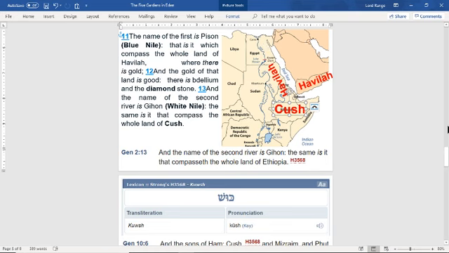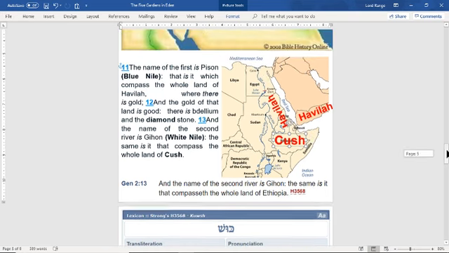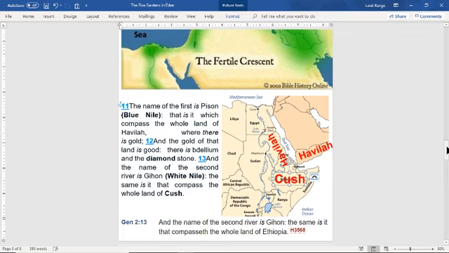We're not 100% sure where Put and his descendants were located, but we do know Canaan was in the land of Canaan, which we know as Israel. So this map is making perfect sense. We have Cush, we have Mizraim or Egypt, and then we have the Canaanites in the land of Canaan.